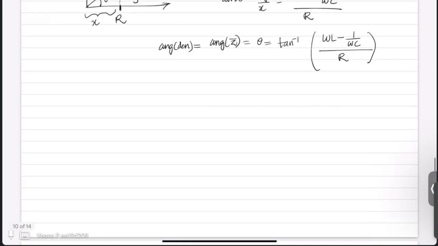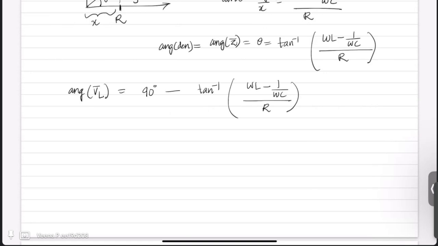So your angle of VL vector now became angle of numerator, which is 90 degrees, minus angle of denominator, which is tan inverse of omega L minus 1 by omega C divided by R.